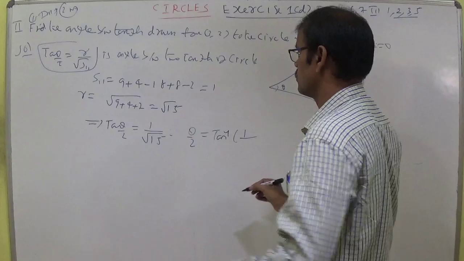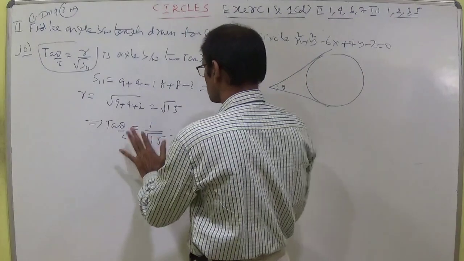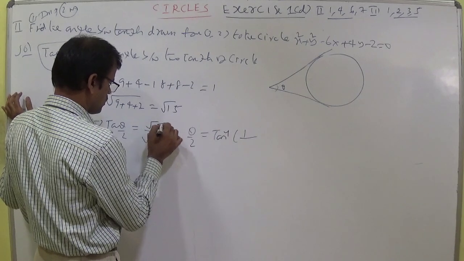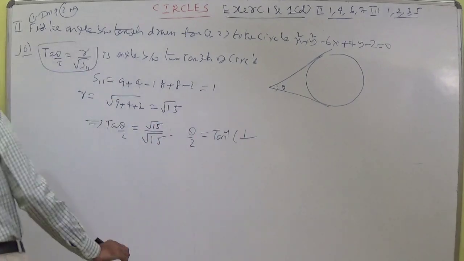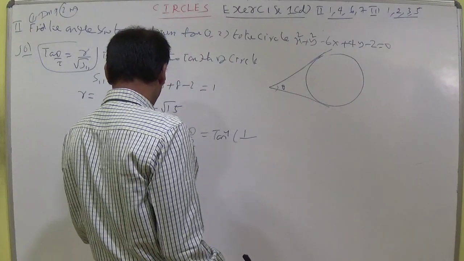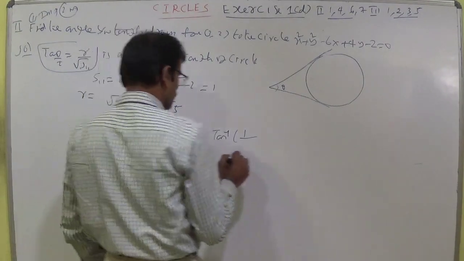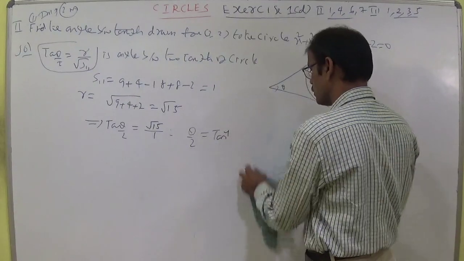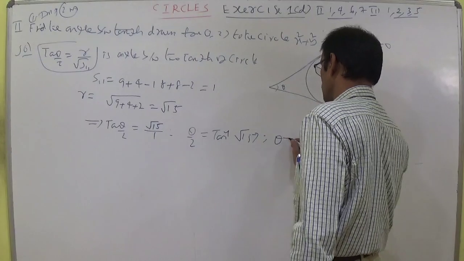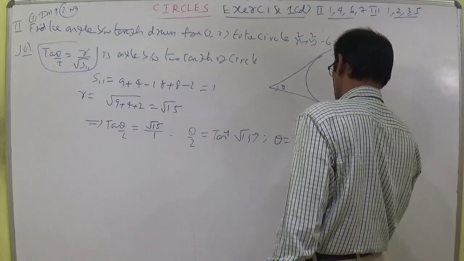R by root s11 means root 15 by 1. So it becomes tan theta by 2 is equal to root 15 by 1, simply root 15. Theta by 2 is equal to tan inverse root 15, or theta is equal to 2 tan inverse root 15.